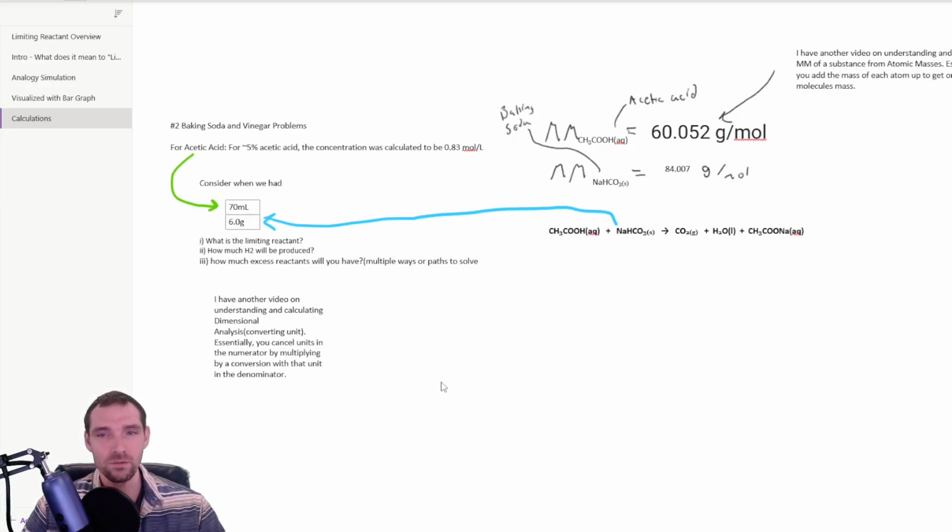To get started, this first one is pretty familiar. It's the 6.0 grams, and it's going to be a pain to write this each and every single time, but I'm proving a point. So instead of writing it out every time, I'm just going to copy paste it.